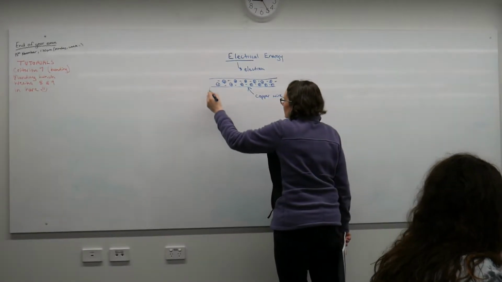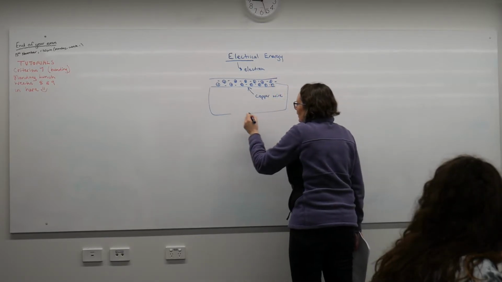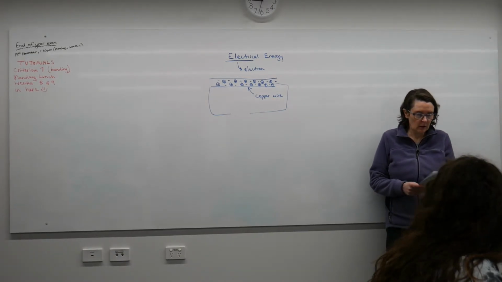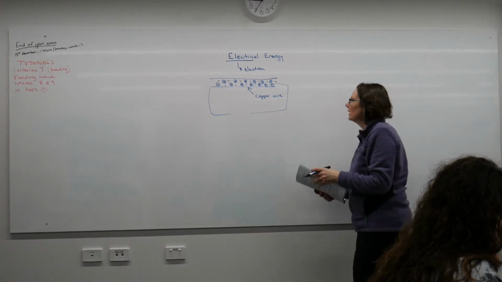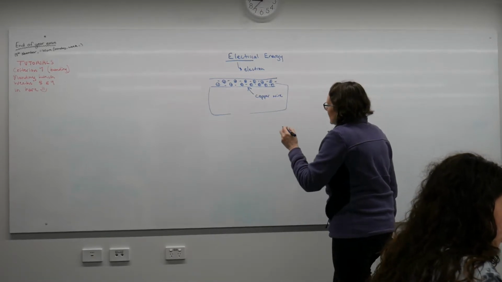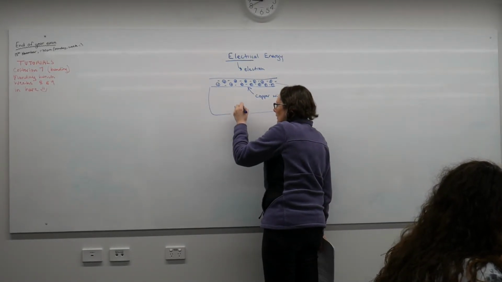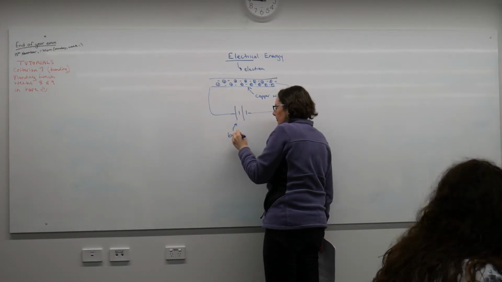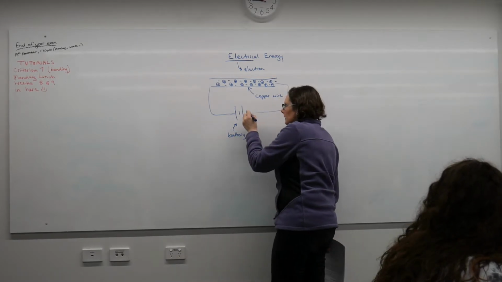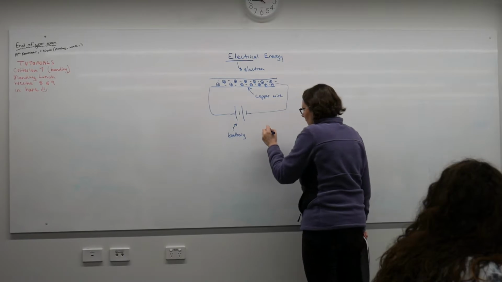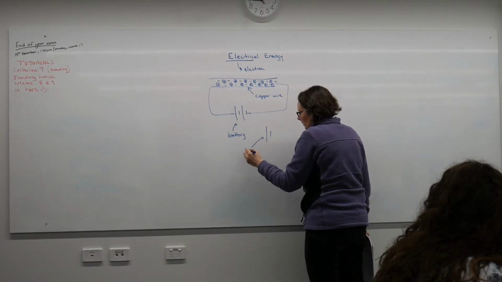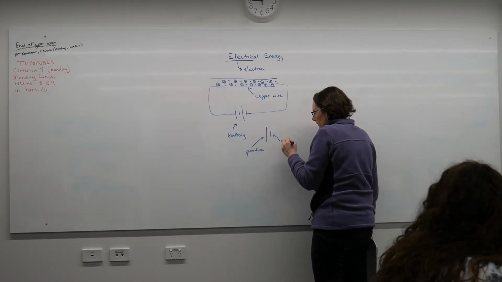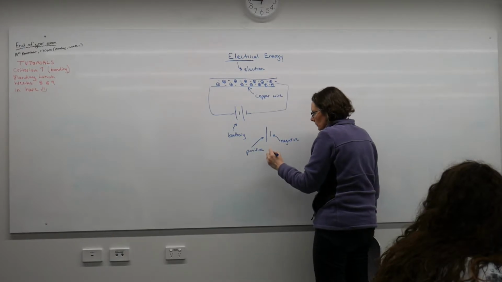and if I hook this up to a power supply, what I'm drawing at the moment is actually a representation of a circuit similar to what's on page 31. This represents a battery, and the long stick is the positive end, and the short stick is the negative terminal.